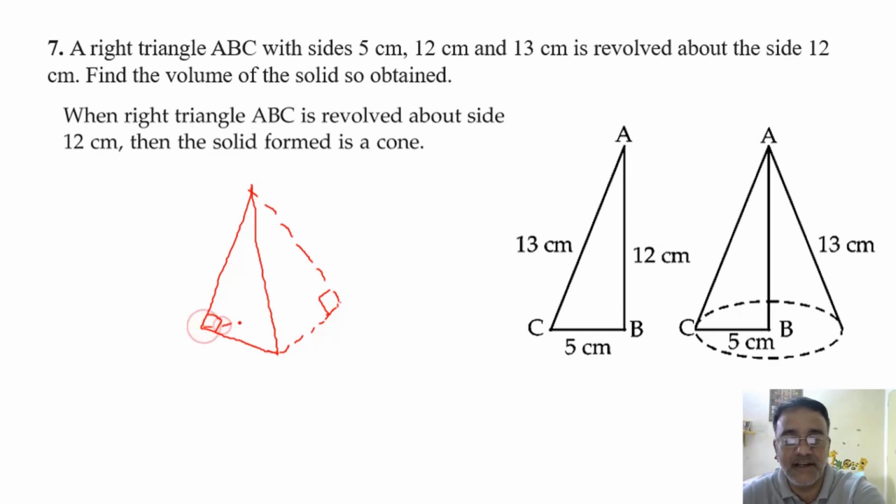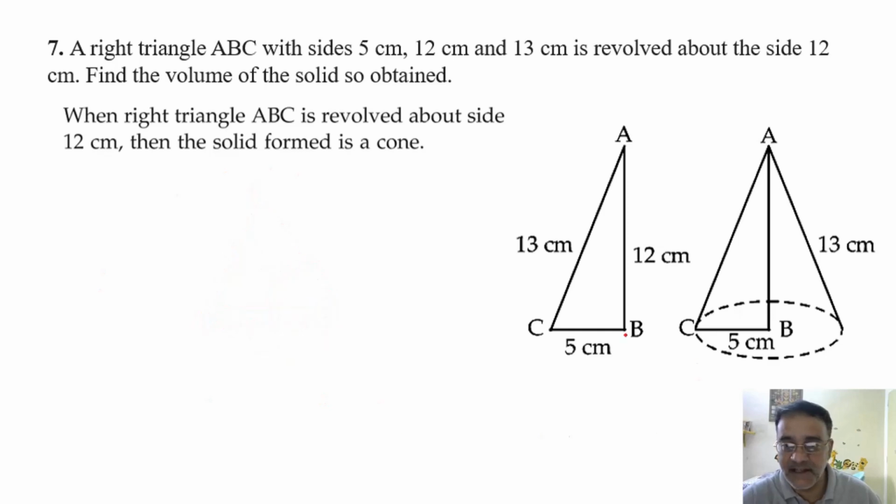We are going to get a double cone. ऊपर भी और नीचे भी. So this question is actually 10th class, double cone. So in 9th class you only have to find the volume of the cone when we revolved around 12 centimeter and when we revolved around 5 centimeter. This question is when we revolved about the side 12 centimeter.